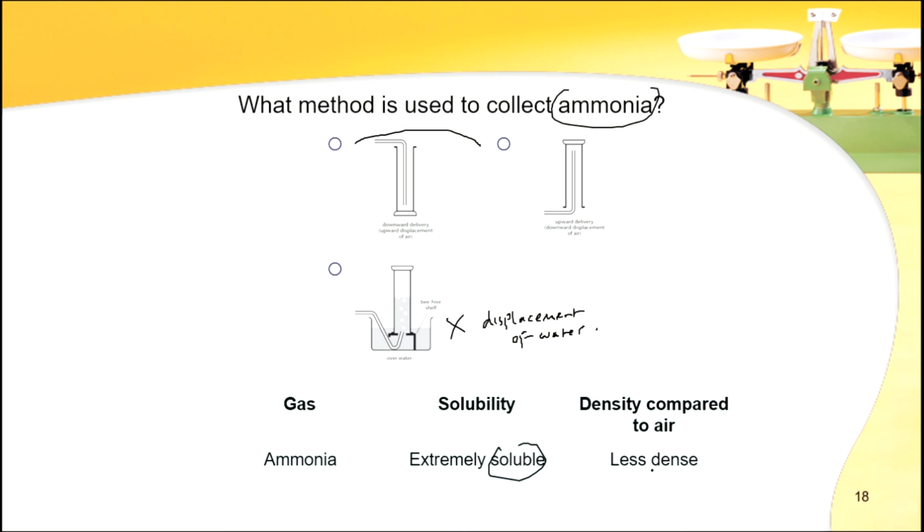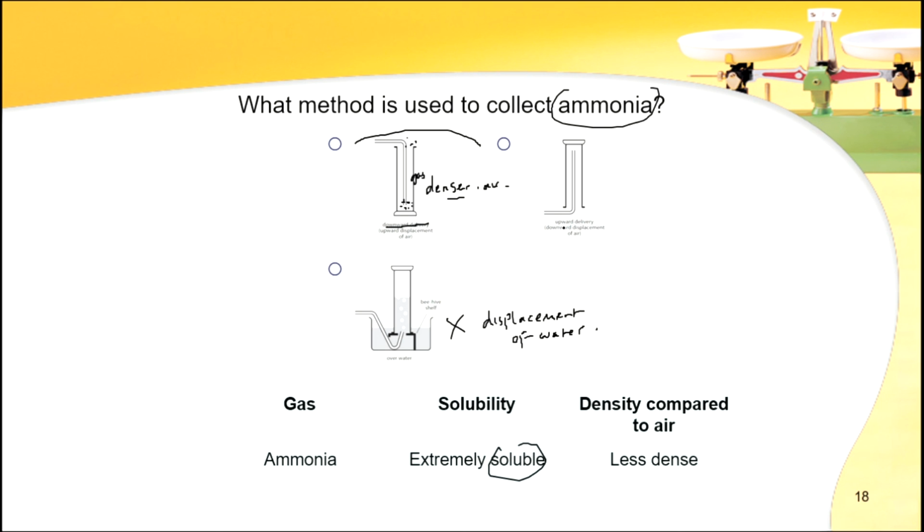Ammonia gas is less dense than the air. Which one represents the gas particle? This is the gas particle. If downward delivery, we can see that the gas particle is denser than the air. The gas is denser than air.